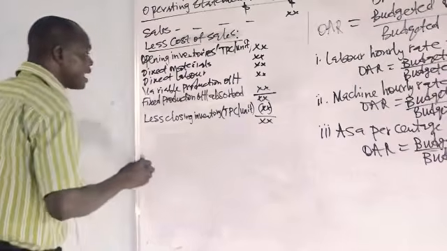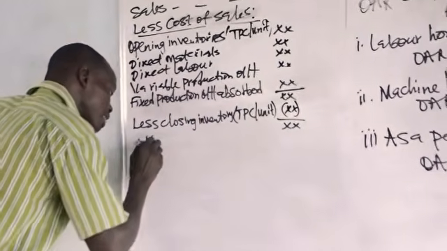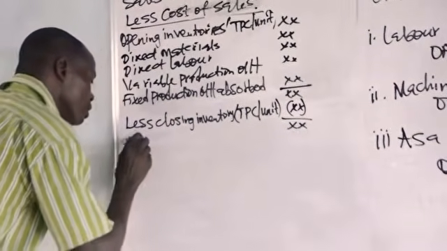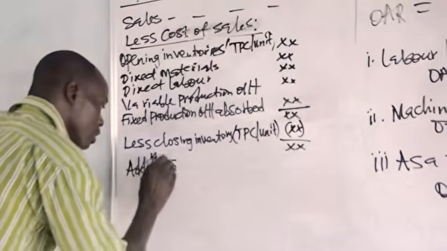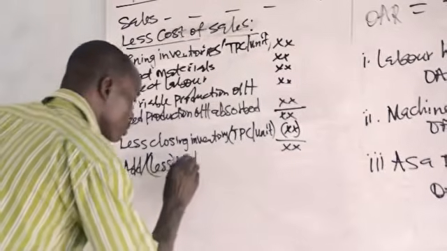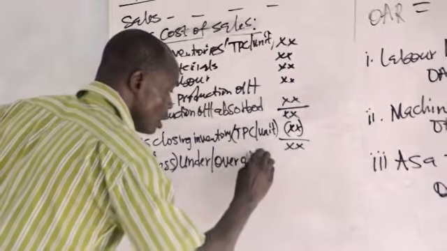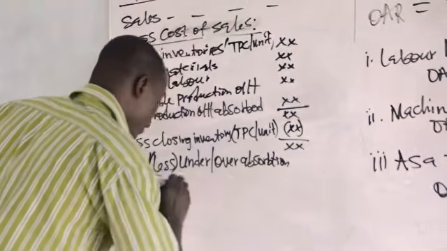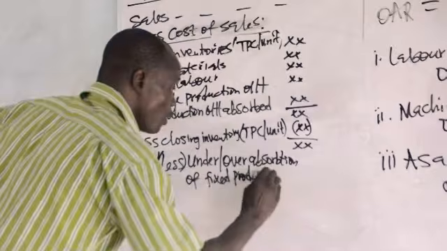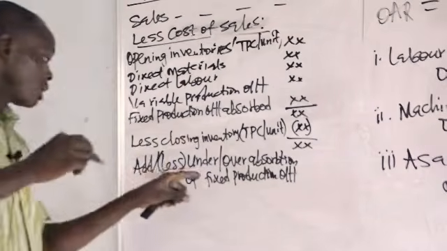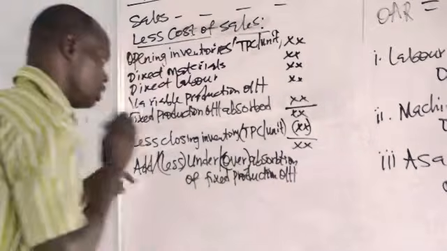now add or less under or over absorption of fixed production overhead. If it is under absorption, you add. If it is over absorption, you less.